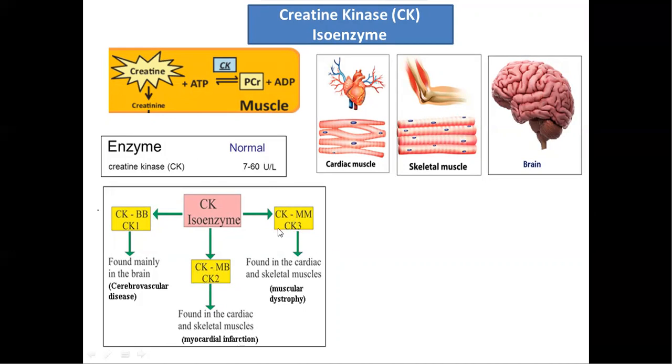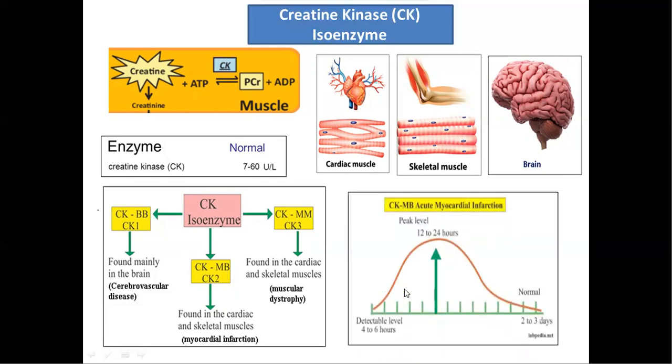An elevated level of CK3 gives the indication of muscular dystrophy. This isoenzyme is present in the form of a dimer. So CK1 contains BB dimer, CK2 contains MB dimer, and CK3 contains MM dimer.